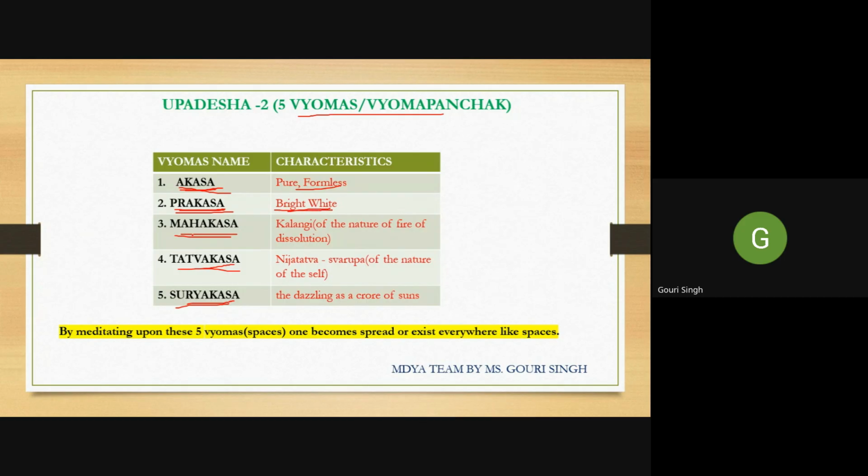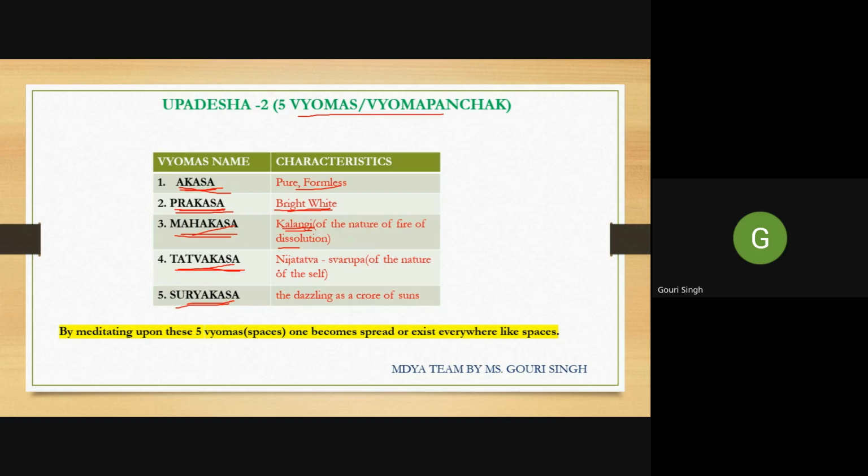And Mahakasa, it is the Kalangi. You have to remember here, Kalangi, of the nature of the fire of dissolution. That is also one type of brightness, but this is talking about the nature of fire which becomes dissolution. So that is said here Kalangi, that is the characteristic of Mahakasa.